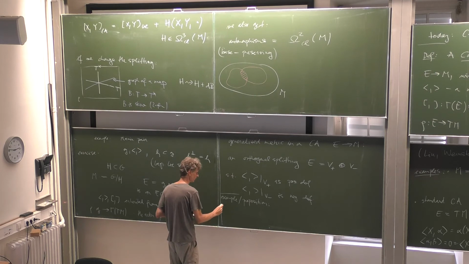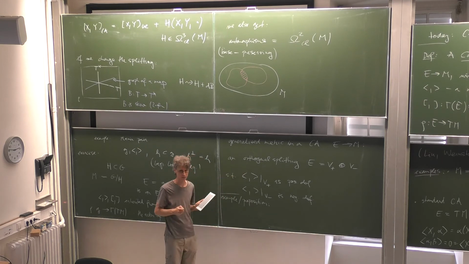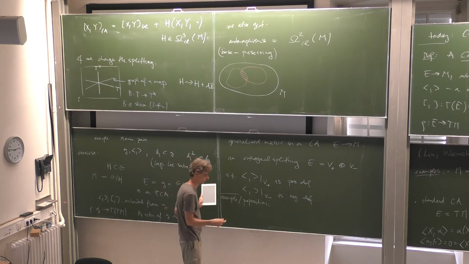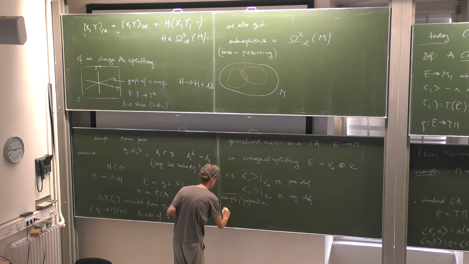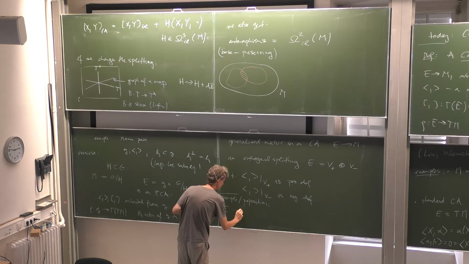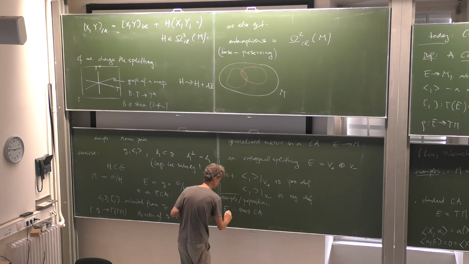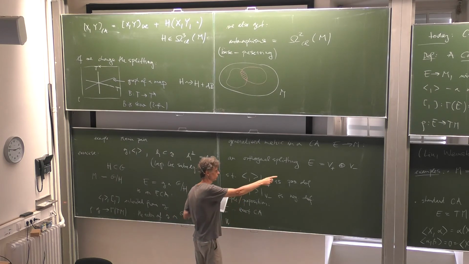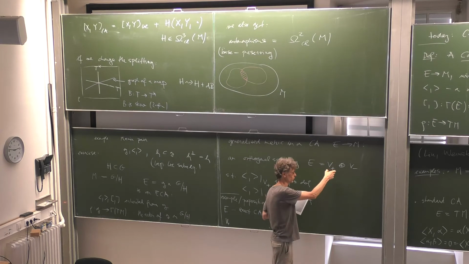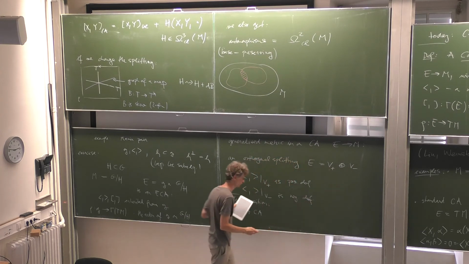And then a small example or proposition, which says that if you have a generalized metric in an exact Courant algebroid, or rather a pair, so if you have E, which is an exact Courant algebroid, then instead of the splitting I could just use V plus, because V minus is the orthogonal complement.